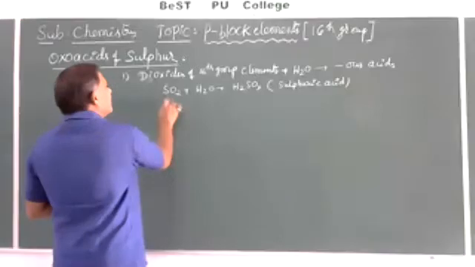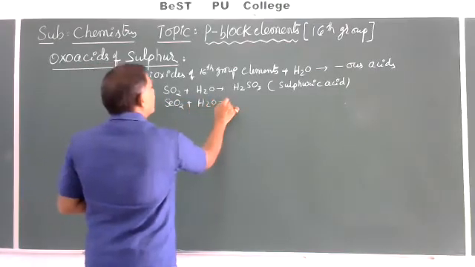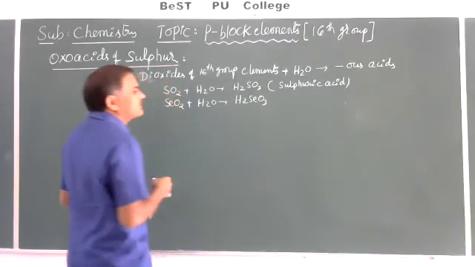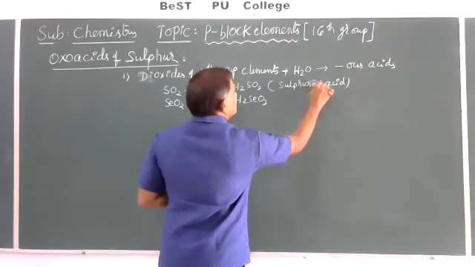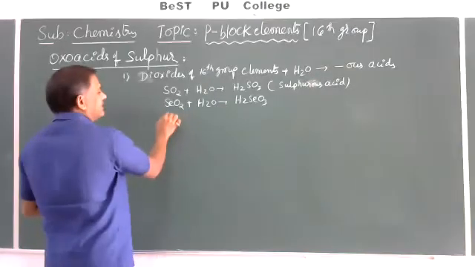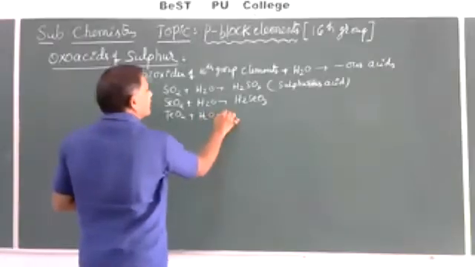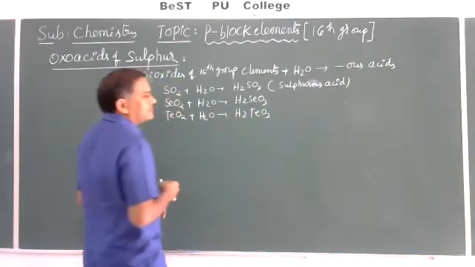Similarly, SeO2 with water gives H2SeO3, selenious acid, and TeO2 plus H2O gives H2TeO3.